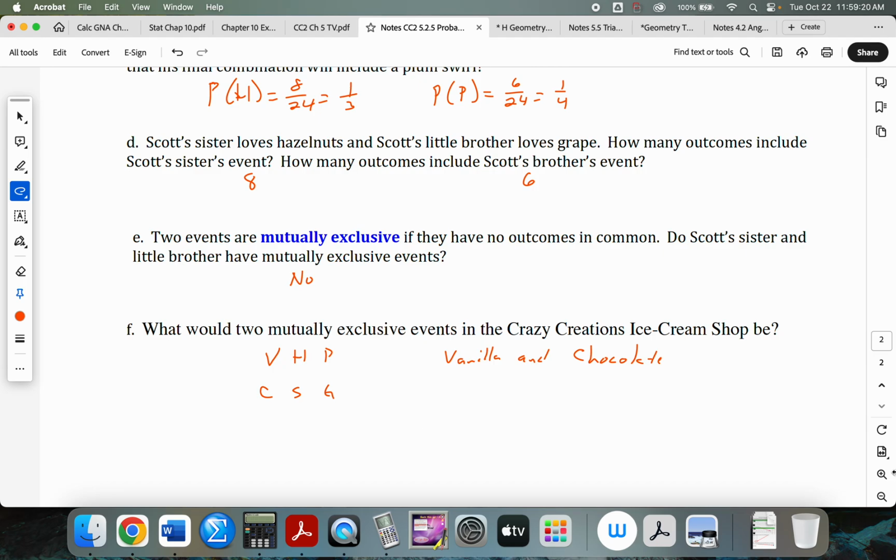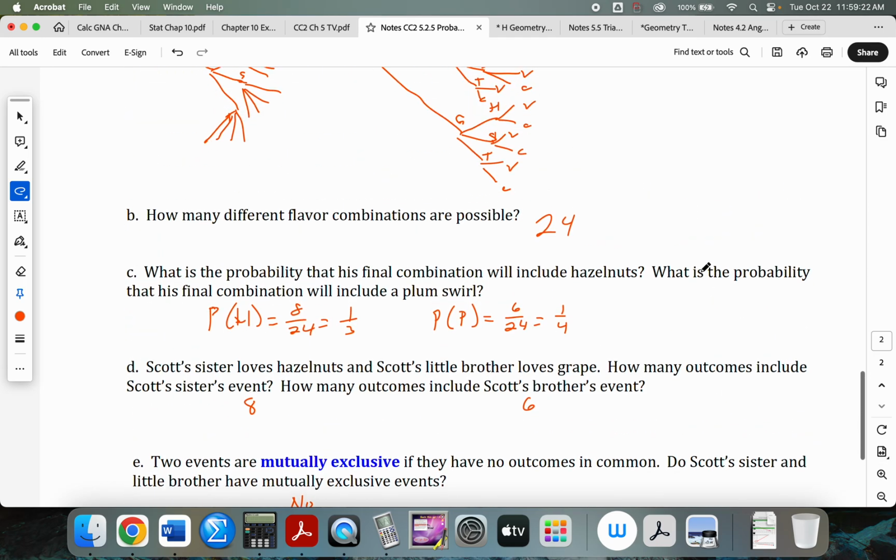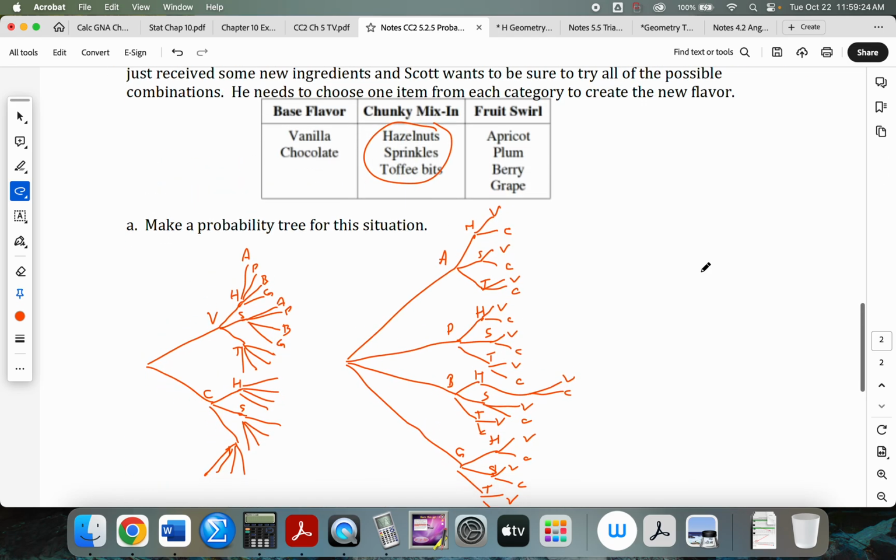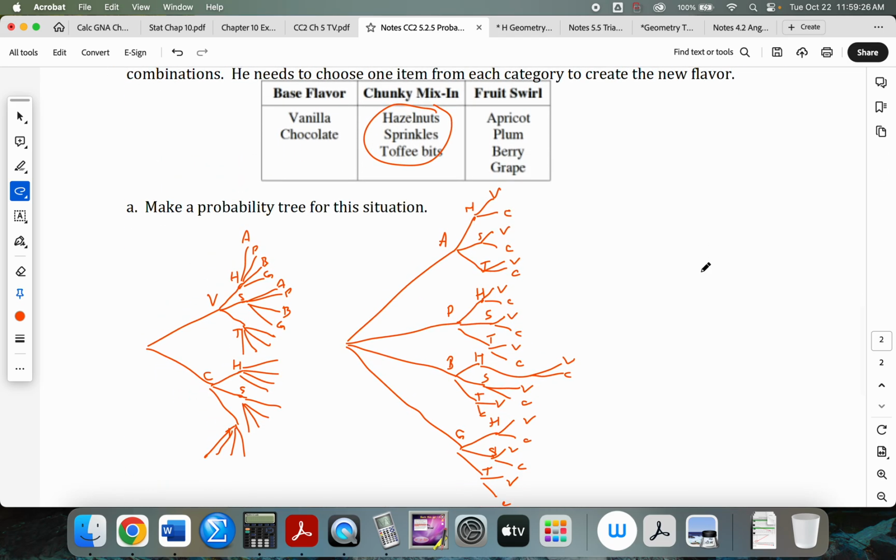Before we finish up, I want you to look at something. How many total possibilities were there? There were 24. 2 of these, 3 of these, 4 of these. How can we get 24 from those 3 numbers?